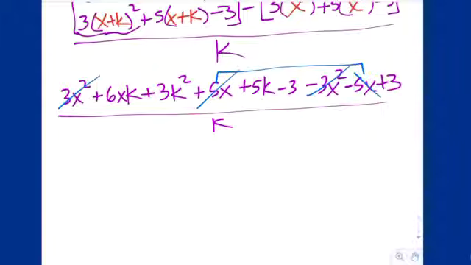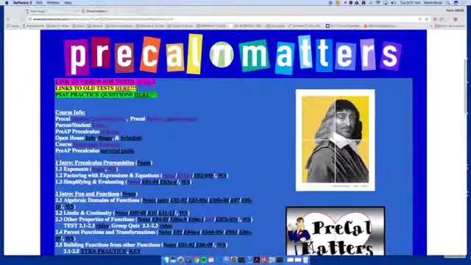And then your k's divide out, and you should end up with 6x plus 3k plus 5. All right? So it's not showing up, but you should end up with 6x plus 3k plus 5. That was your final answer.